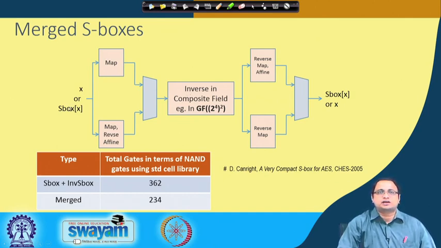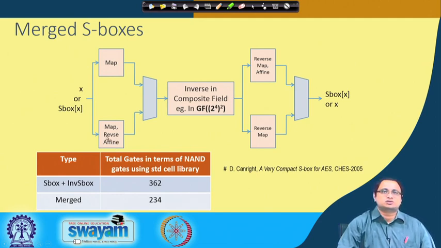If you remember, when you are doing the SBox of x in the forward transformation, you take x and map it to GF(2^4)^2, which is the composite field. You do the inverse in the composite field, and then you do the reverse map. Then you get SBox(x). Likewise, when you are doing decryption, you take SBox(x), you do the inverse mapping and apply the reverse affine operation.